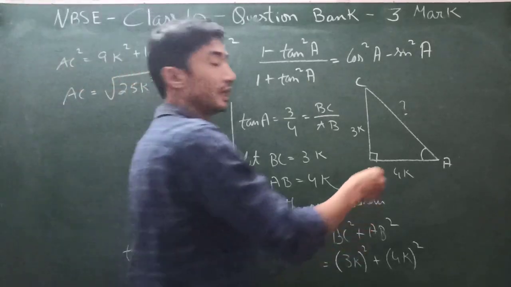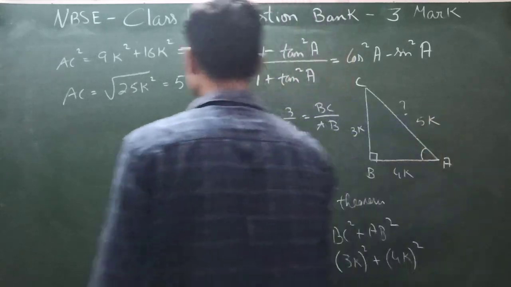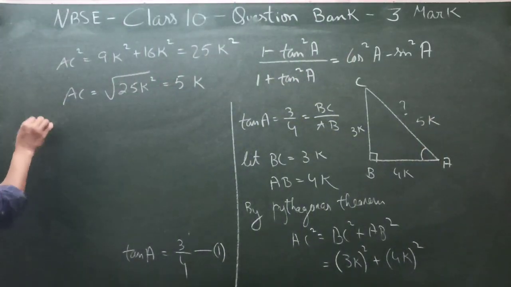So AC value we get 5k. So now let's go for the proof.